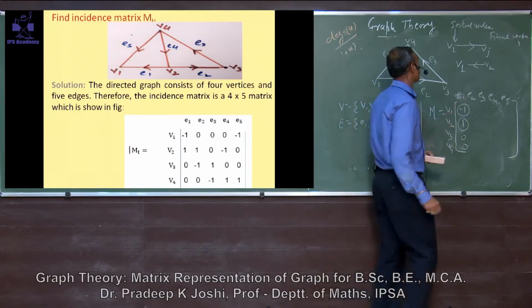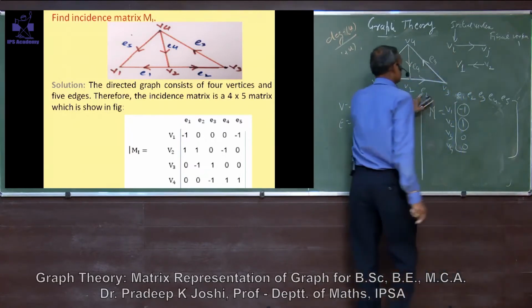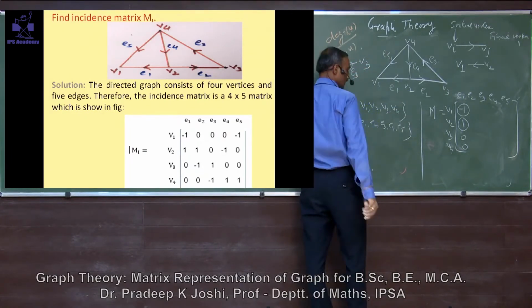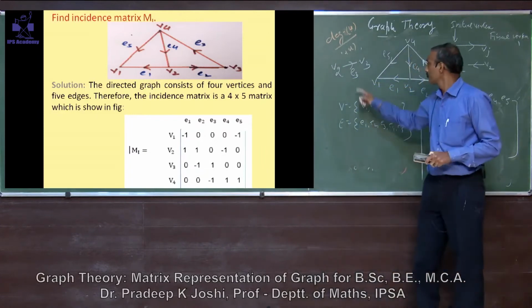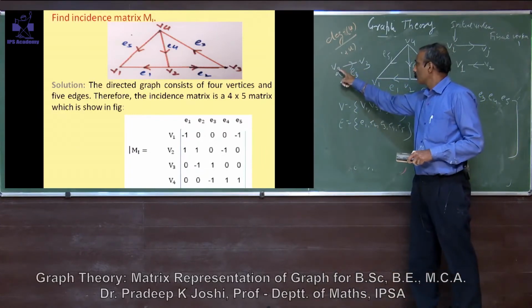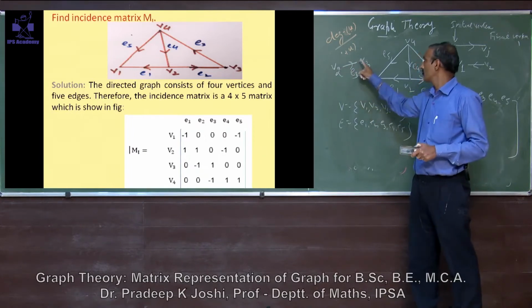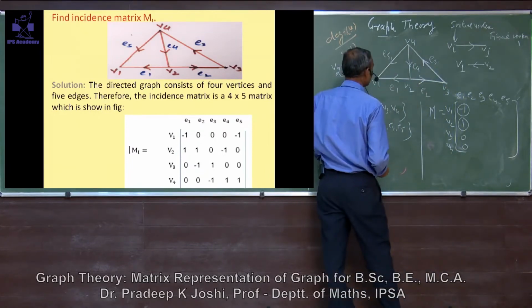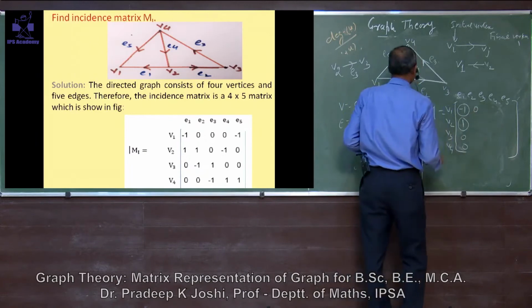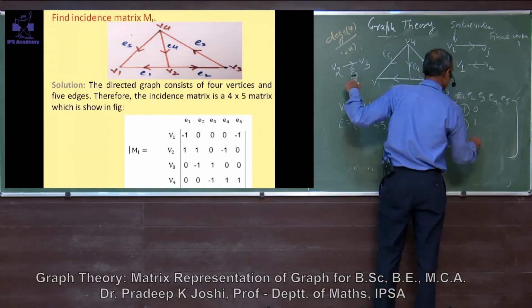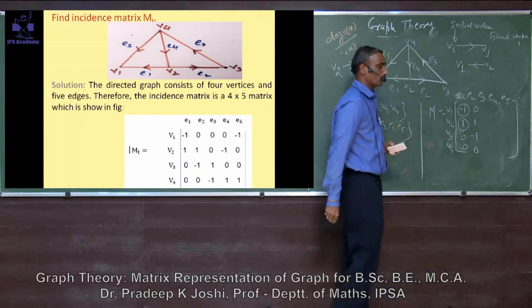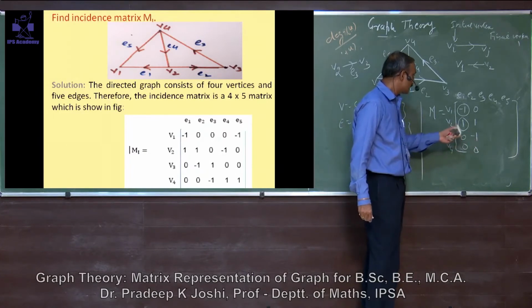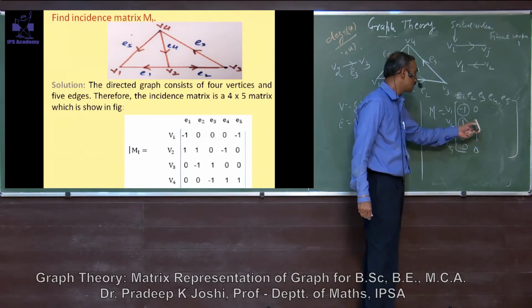Now for the edge E2, it has V2 as the initial vertex and V3 as the final vertex. So E2 is not incident on V1, so we put 0 here. But for V2 it is 1, for V3 it is -1, and 0. Why do we put -1 for V3 here for E2? Because for E2, V3 is the final vertex and V2 is the initial vertex.